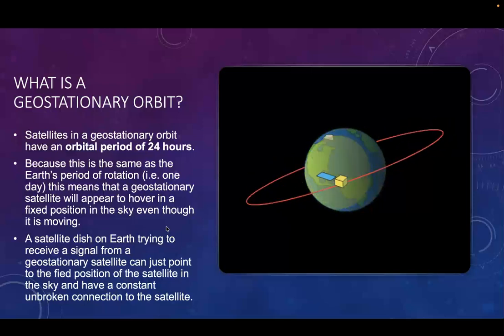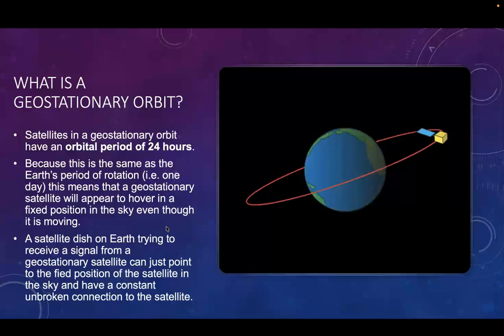The advantage is that if you have a satellite dish on the Earth's surface trying to make a connection with that satellite to upload or download data, the dish just needs to be pointed to a fixed position in the sky where the satellite is, and you'll always have a constant connection. It doesn't need to rotate or move, because from our point of view, the satellite doesn't move in the sky.